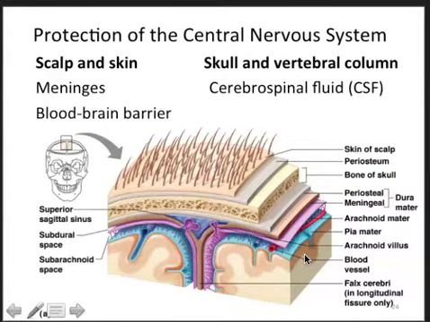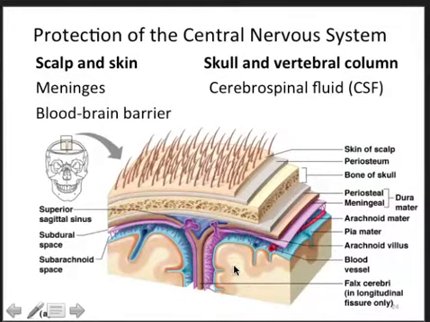And what these three layers do is they cushion and protect the brain, and they also provide a route for blood vessels within and around the nervous system tissue so that we can supply oxygen and nutrients and keep those tissues doing their job.